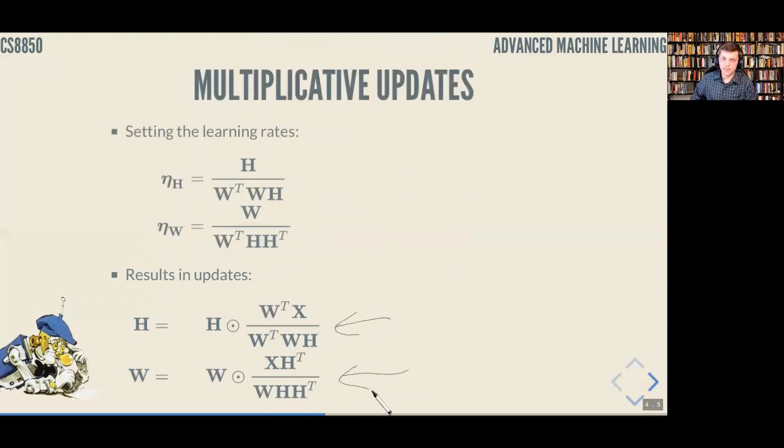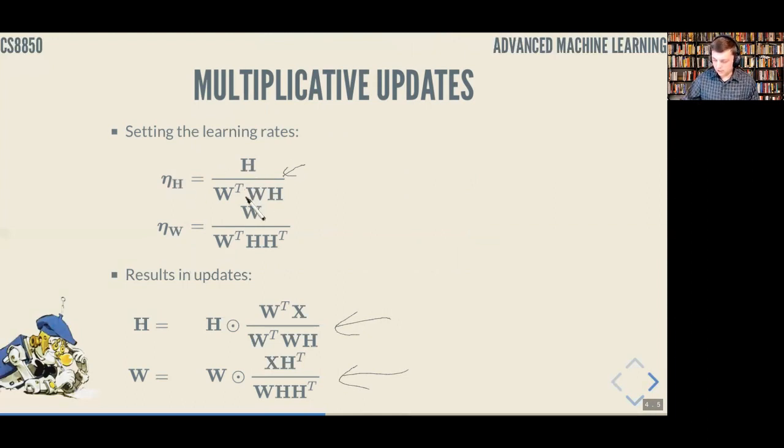It's just algebra, but it's interesting. Just plug this into normal gradient descent. Division is element-wise, and the learning rate is per each parameter. So the dimension of eta_H is the same as H, and the dimension of eta_W is the same as W.